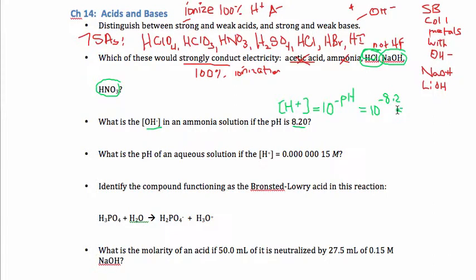It's 10 to the minus 8.2. On your calculator, you could either do inverse log, or you could just go 10 raised to the negative 8.2. Make sure you use the change sign and not the subtract key to insert that negative, and you get 6.3 times 10 to the minus 9 molar.